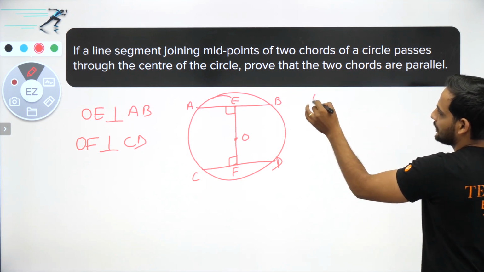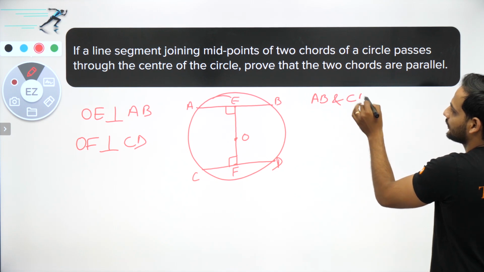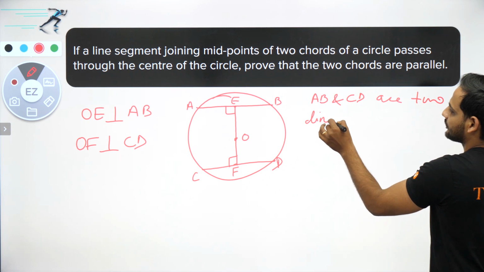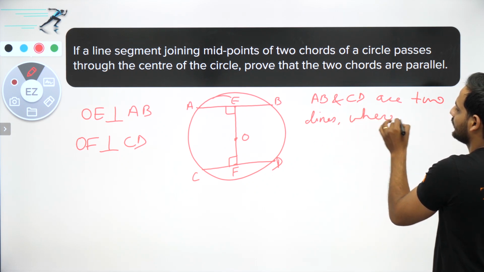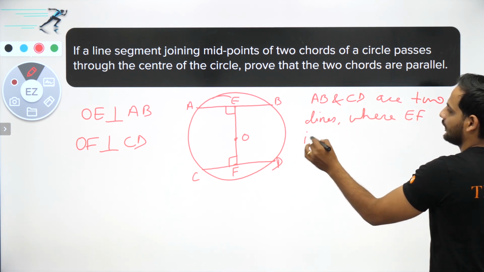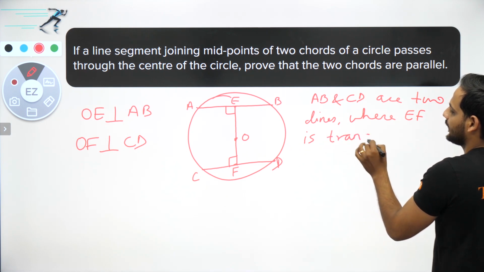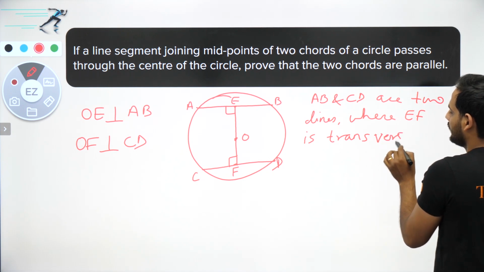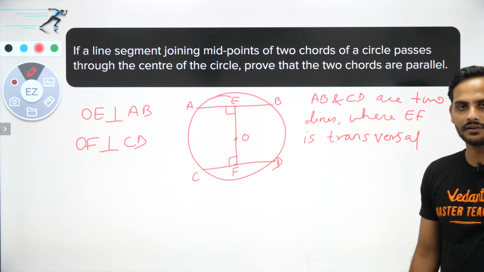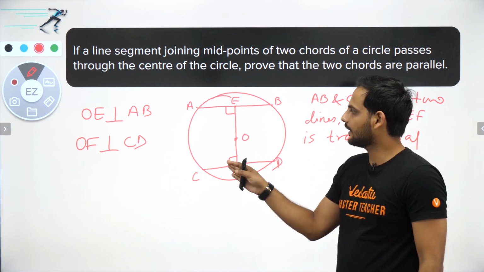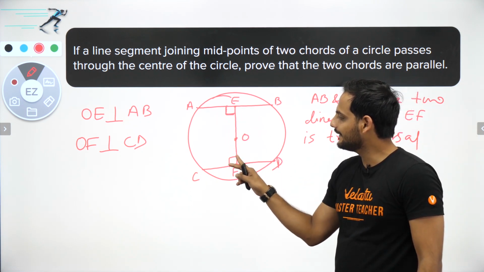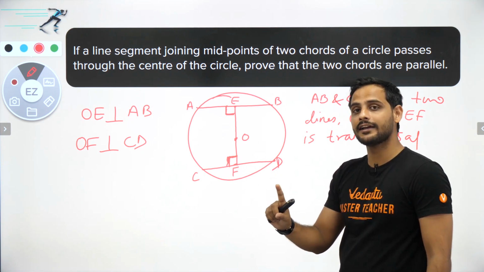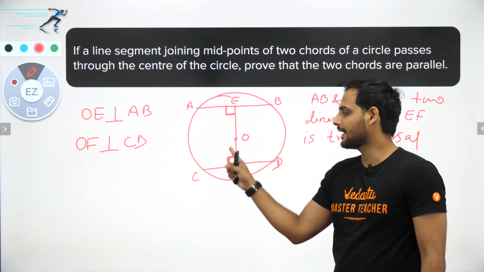So you know that AB and CD are two lines where EF is transversal. So if EF is transversal, you can clearly see the pair of interior consecutive angles formed are supplementary, see 90 plus 90.